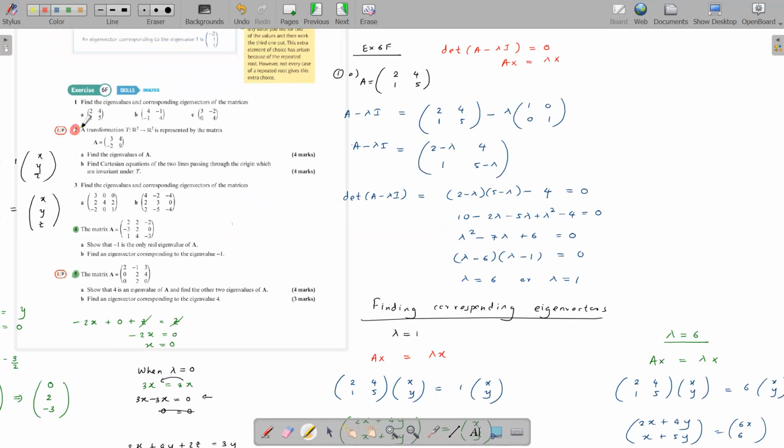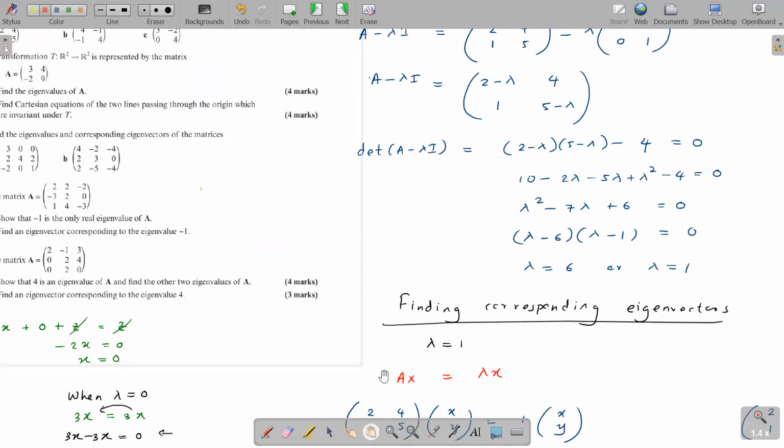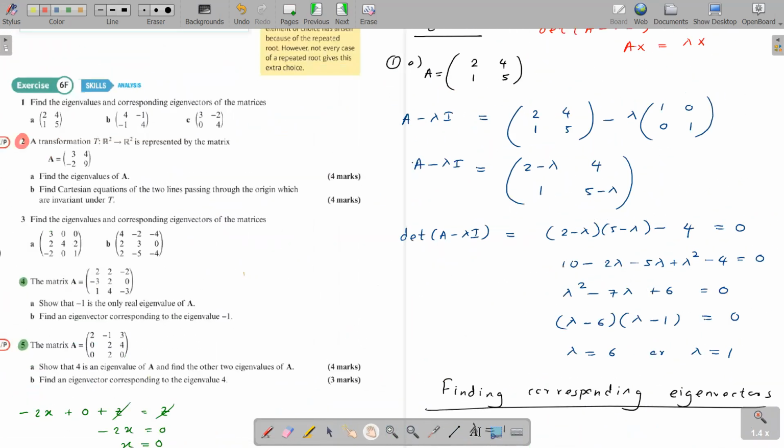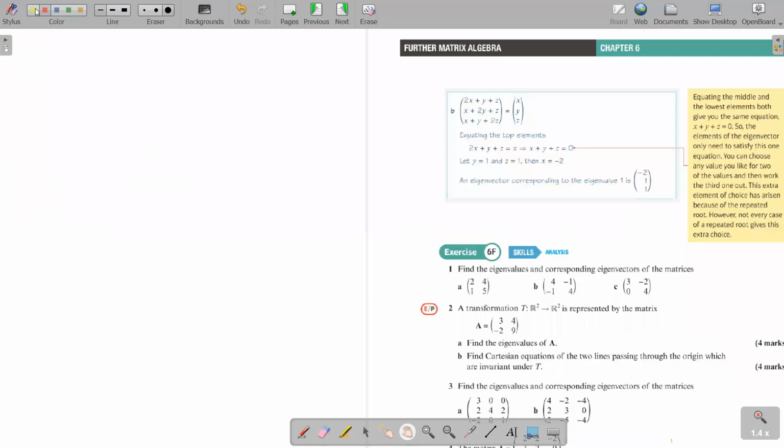Question number 2. They have given you A equals (3, -2; 4, 9). So did you get A minus lambda I? Shall I write it directly?